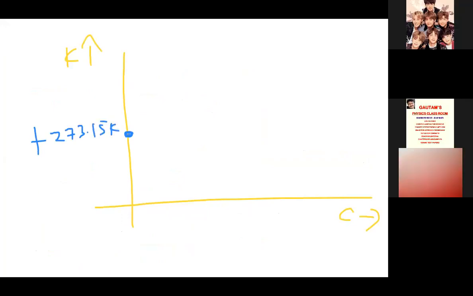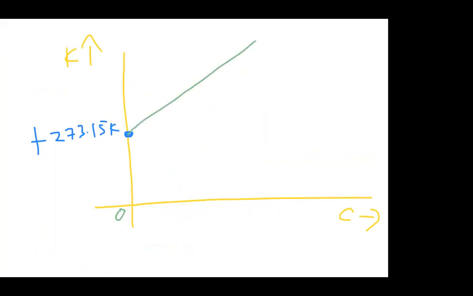So we selected the point on the positive y-axis, and we brought the graph like that. Let us extend the graph back, and the point where it touches the x-axis is called the x-intercept.